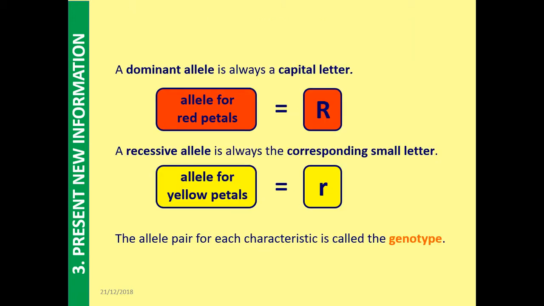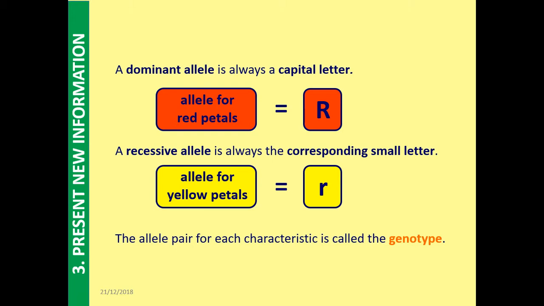So when we're drawing our Punnett squares, our genetic crosses, we tend to use capital letters and lowercase letters in order to represent the dominant and recessive alleles. And it's useful to choose a letter that is easy to tell the difference between the upper and lowercase. R is quite a good letter, B is quite a good letter, something like C or P, they're not very good letters to use because it's hard to tell the upper and lower case.